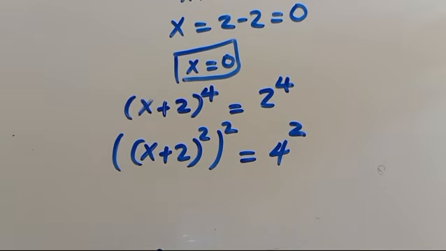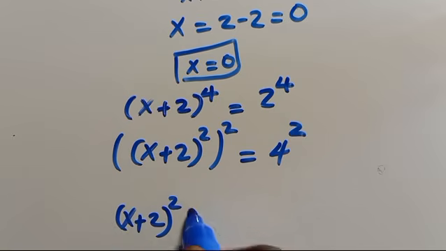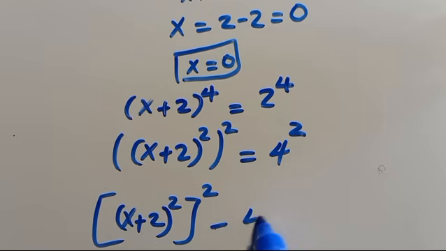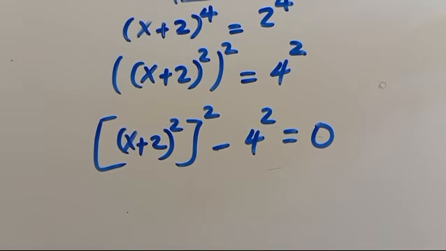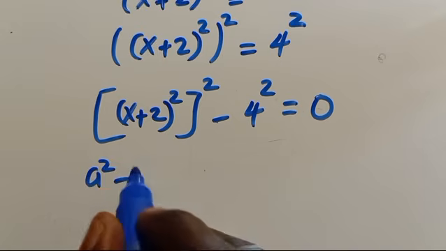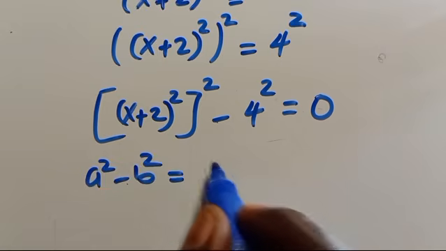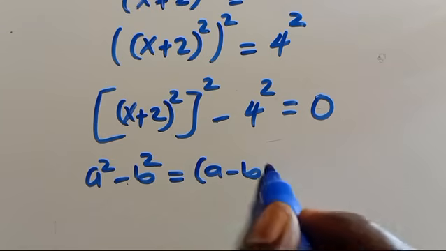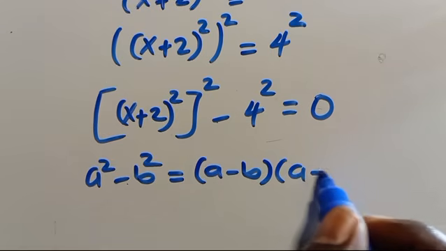So when we have this, we can do something reasonable by having it as ((x + 2)^2)^2 - (4)^2 = 0. So a squared minus b squared will now be equal to (a - b)(a + b).